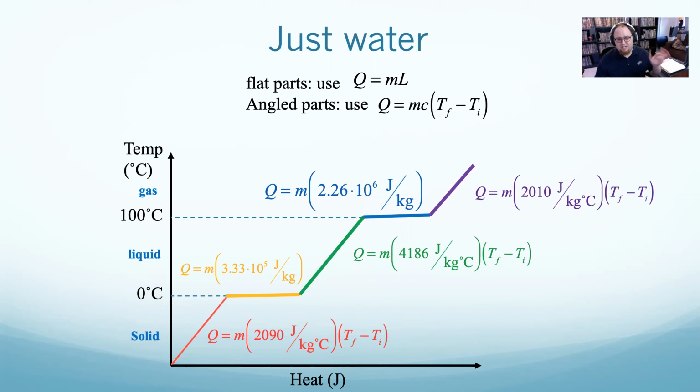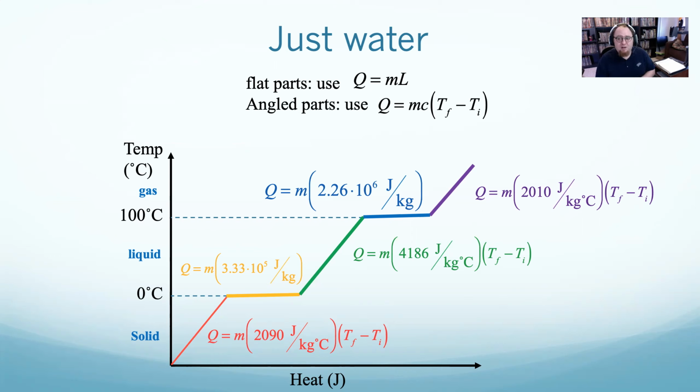The orange/yellow equation is how much heat is required to melt ice. The green equation is how much heat is required to change the temperature of water. The blue equation is how much heat is required to boil water.